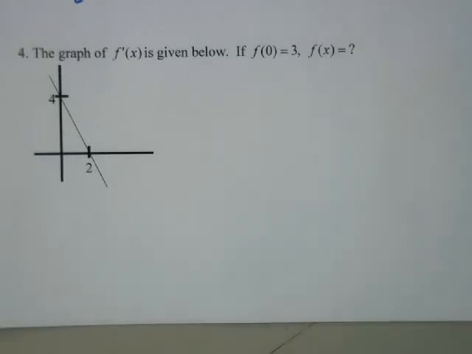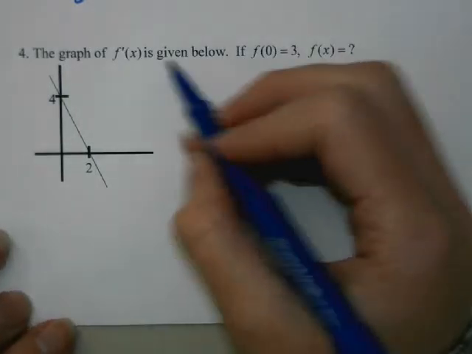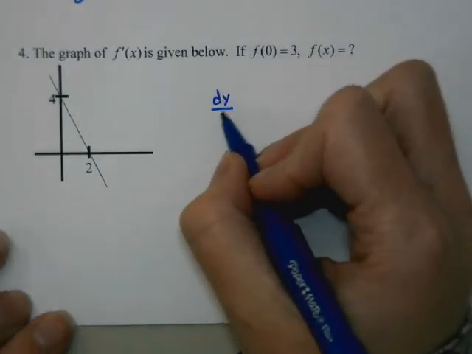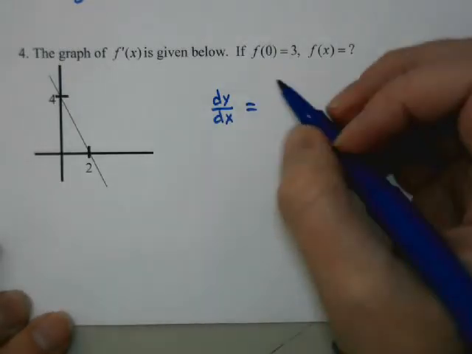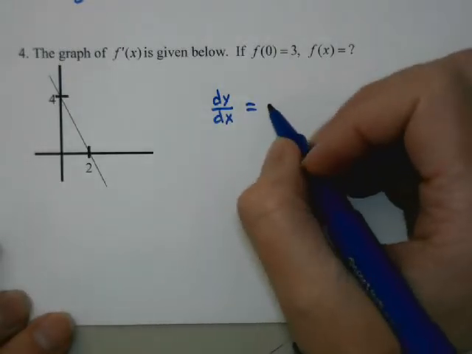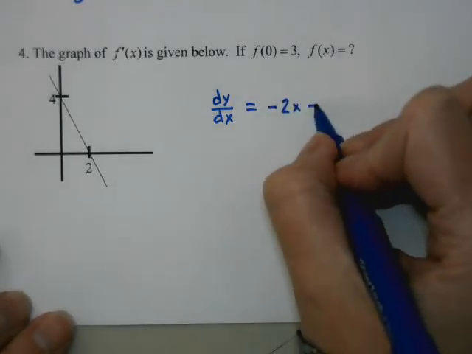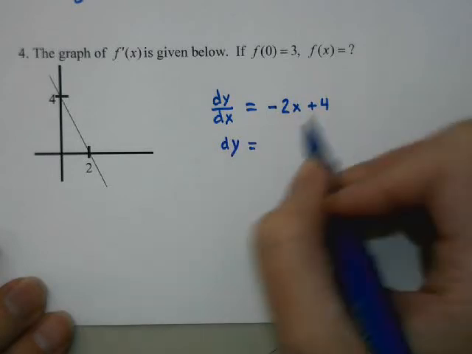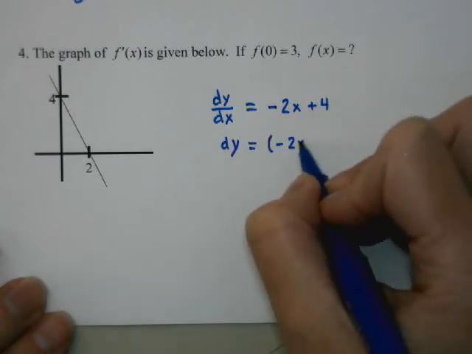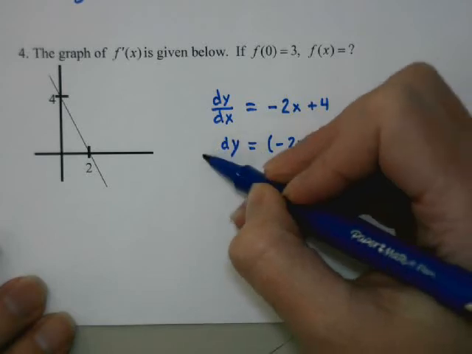Okay, so the graph of f prime is shown below. If f of 0 is 3, we're going to solve for the equation. So f prime is also dy dx. So dy dx is this, a line that has a slope of negative 2 and a y-intercept of 4. So we'll separate our variables.